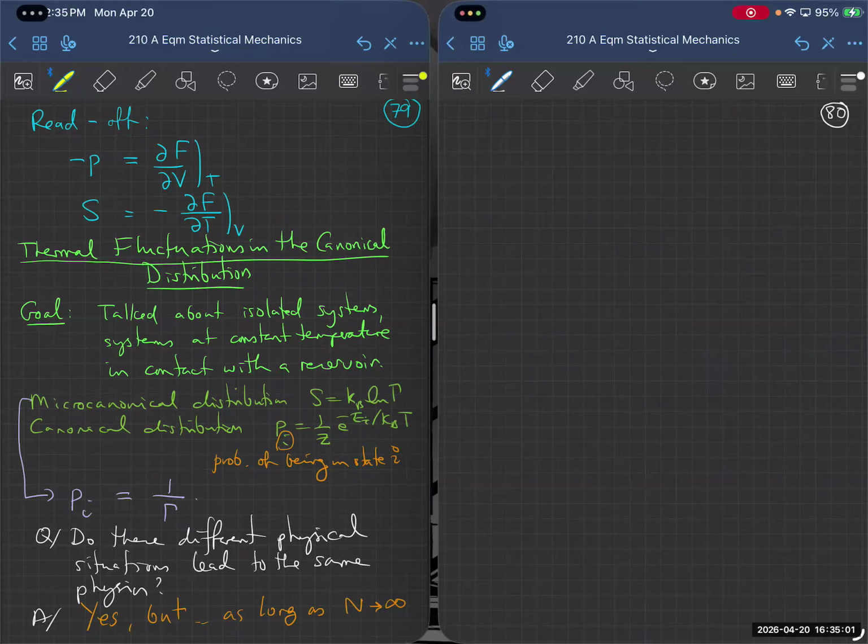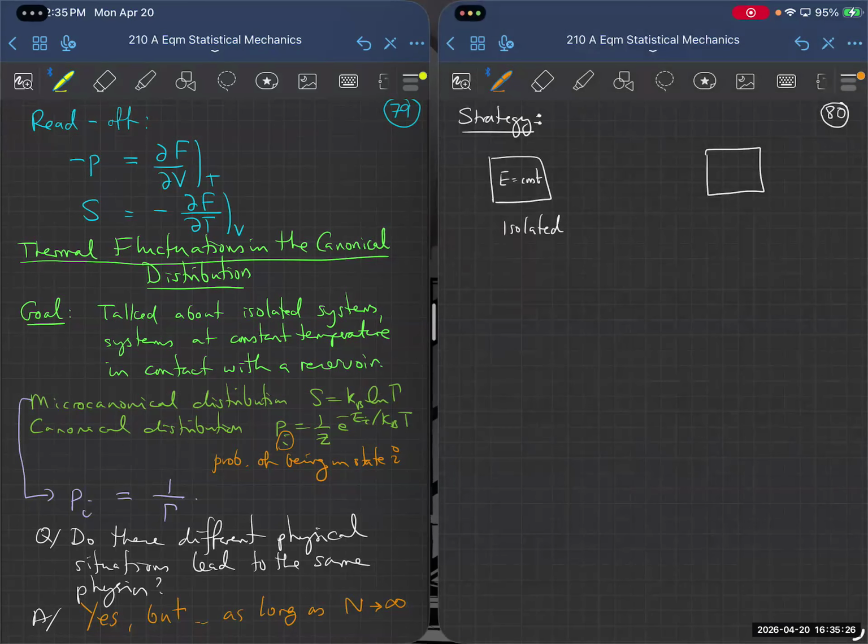So what is the strategy that we're going to follow? In one case, we have the isolated system, and that means that E is equal to a constant. In the other case, we have the system which is in contact with some huge reservoir, like that.